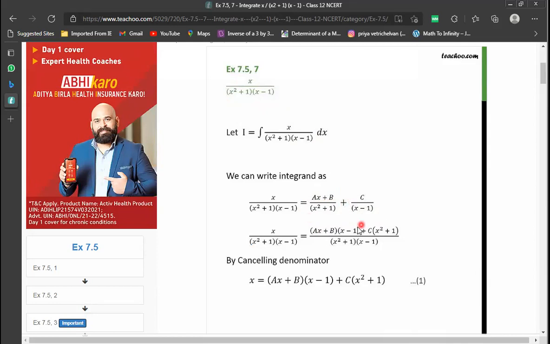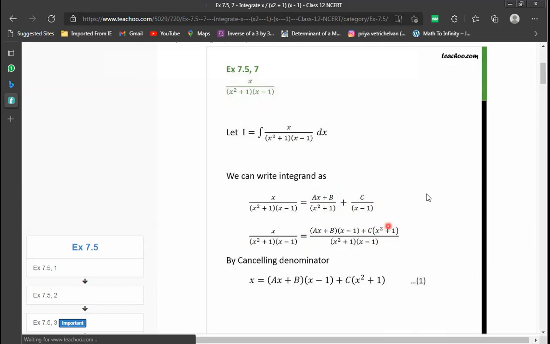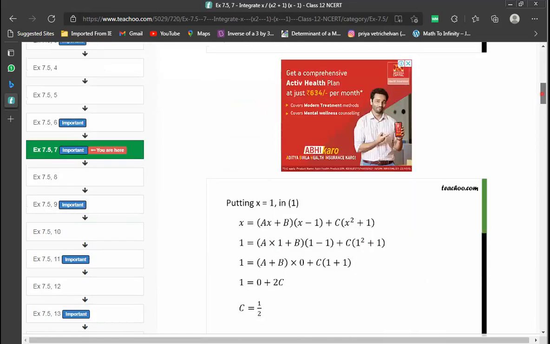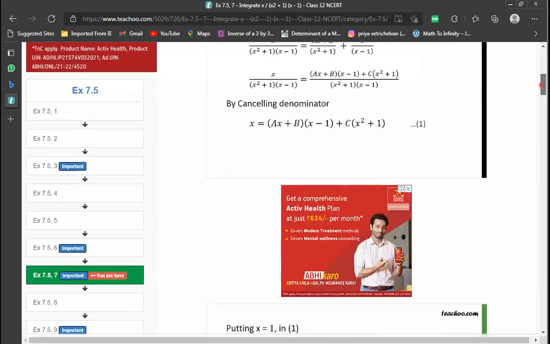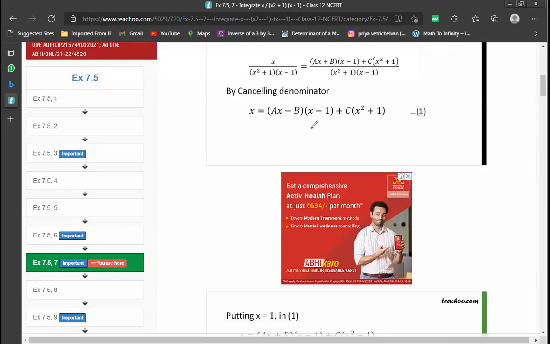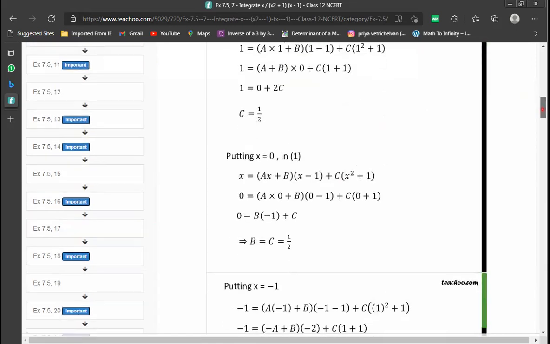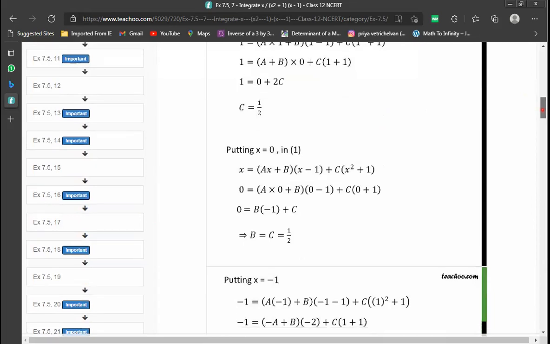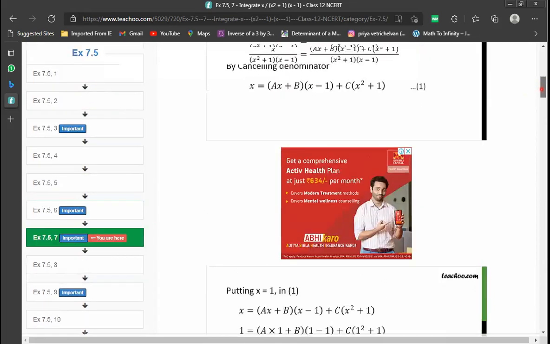So now again the same process you have to repeat. You just have to take the LCM, cancel the denominators, and equate the numerator by substituting the values of x. How will you substitute? You have x minus 1, so you will substitute x as 1. You have x square plus 1, so you will substitute minus 1. And for finding the third value, you don't have any other number.